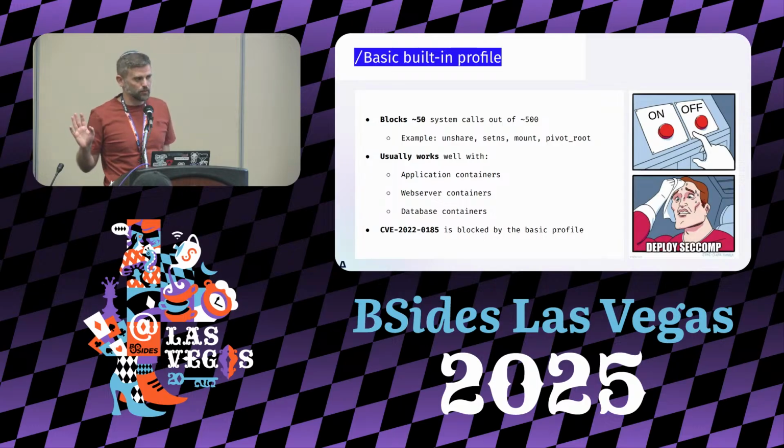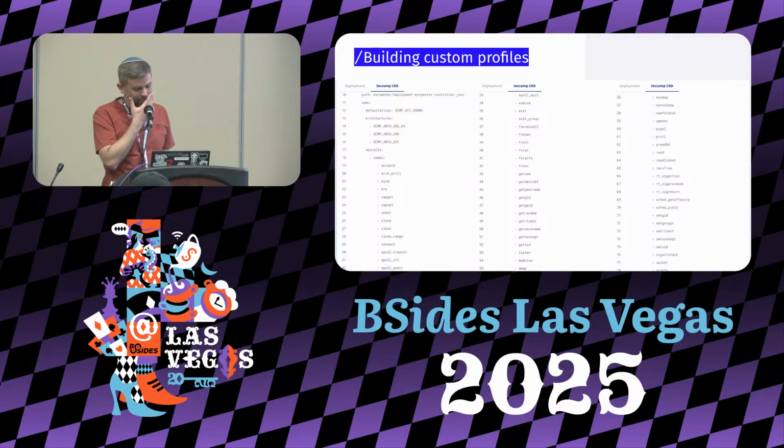There are a few exceptions, because different file system management related system calls cause problems with a few database setups, but in general, it's working. And there are also very specific examples of well-known CVEs in the Linux kernel that are not exploitable by an attacker if you have the basic SecComp profile in place.